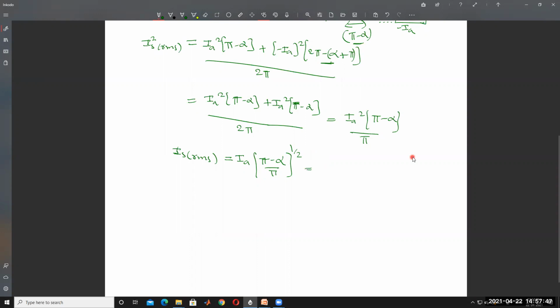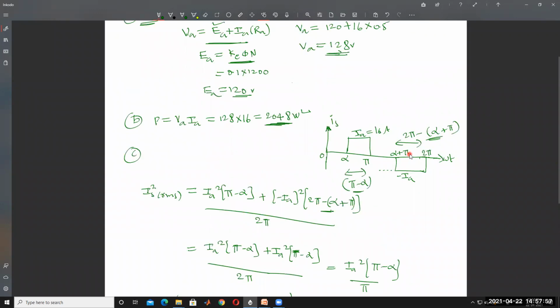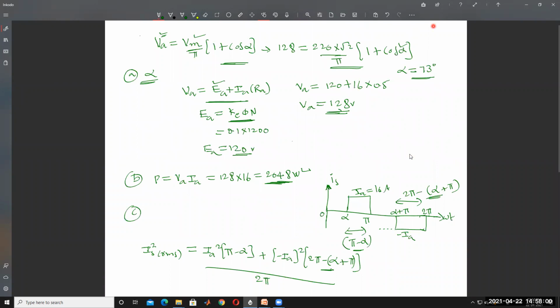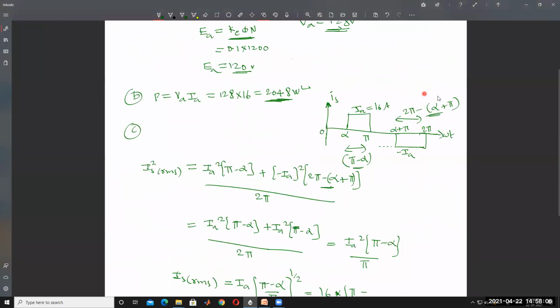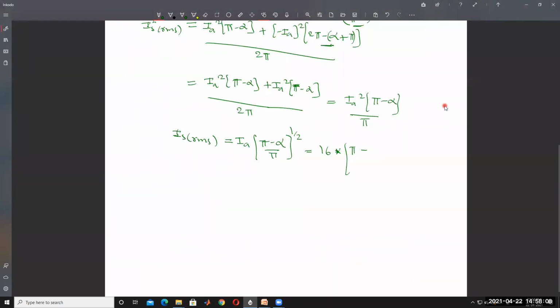IA is equal to 16 amps, as given. And pi minus alpha: alpha is 73 degrees, as we got in the first question. Convert into radians, so pi minus alpha is 73 into pi by 180.